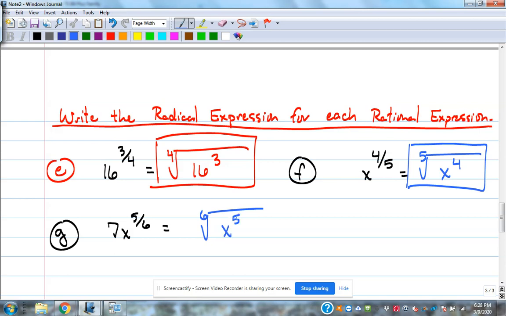X to the 5th. Where does that 7 go? In front, because it was in front of the other stuff, right? So the 7 goes out here in the front. That's how that works. Because it's a coefficient. It's a number that's in front of that stuff. So that 7 is going to go in the front.